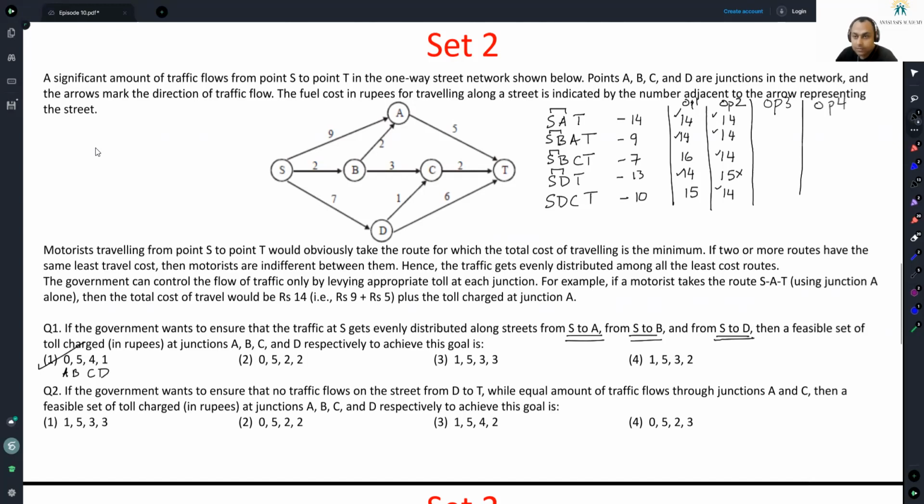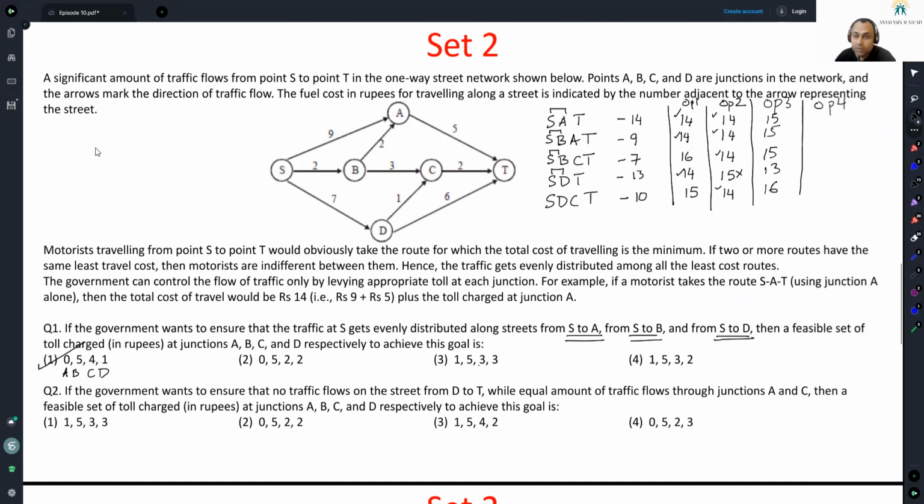So this becomes 15, 5 and 1. So this becomes 15 as well. 5 and 3, 8. So this becomes 15 as well. 3, so this becomes 13. 6, so this becomes 16.